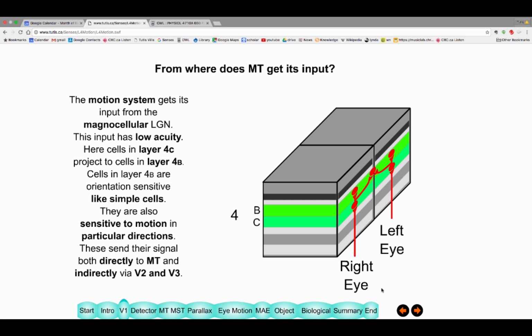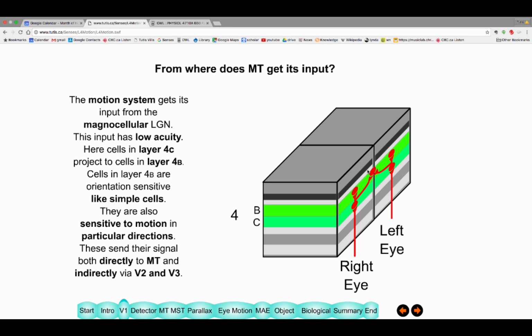In contrast, the area that feeds MT comes along this pathway. It goes first to layer 4C, but then to layer 4B. And again, many of these cells are binocular, so they receive information from both eyes.